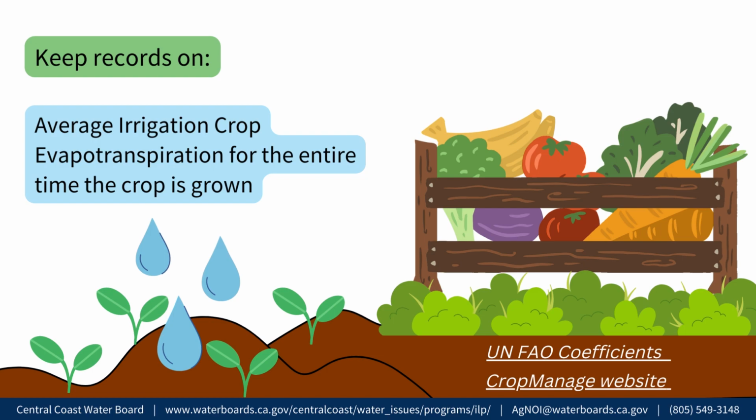A list of coefficients is available on the Food and Agriculture Organization of the United Nations webpage linked below. Consult an irrigation specialist or certified crop advisor to help you determine your crop's evapotranspiration values in inches. Growers can also use the UC Agriculture and Natural Resources Crop Manage website to help them determine their crop's evapotranspiration values.